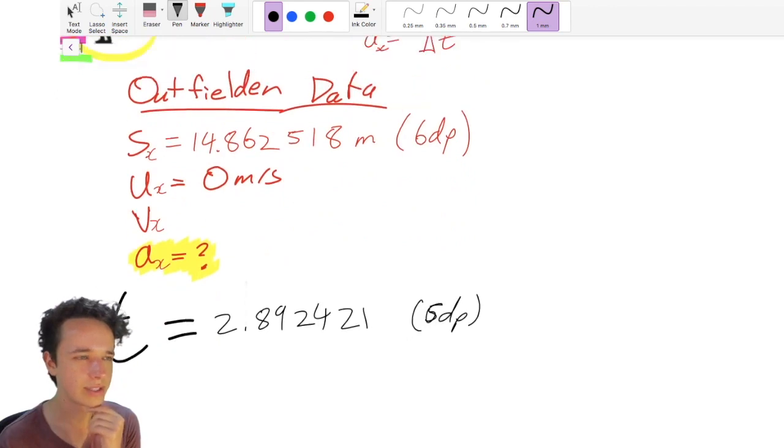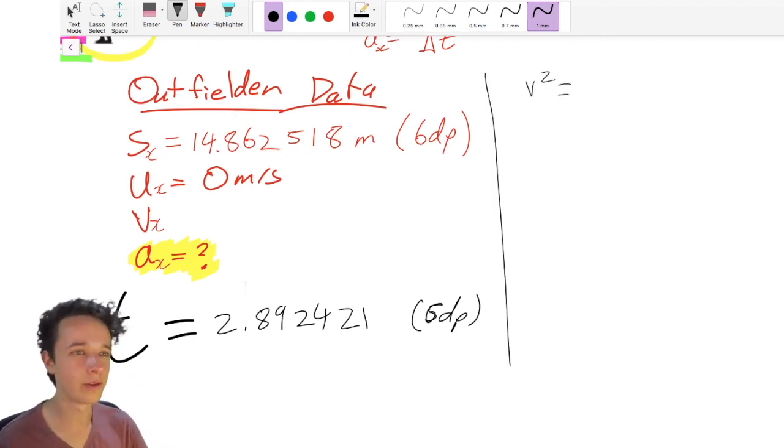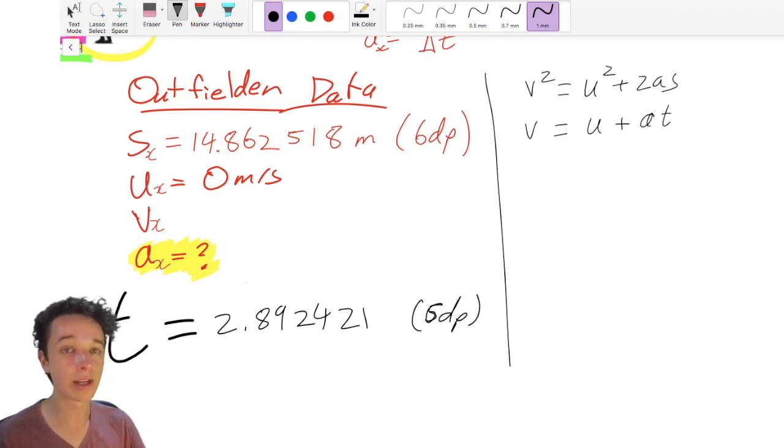I'm on the ride with you here. Okay, v squared equals u squared plus 2as. v equals u plus at. By the way, the reason I'm writing these out each time is to get you to remember them a little bit. So, anyway, s equals ut plus half at squared.